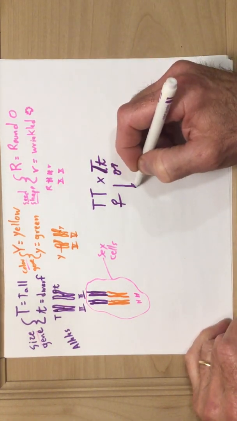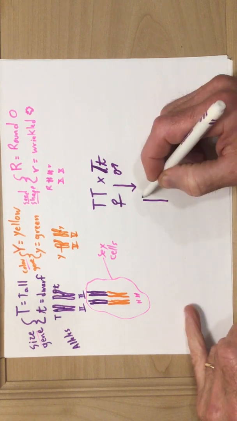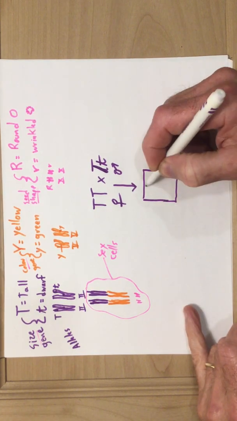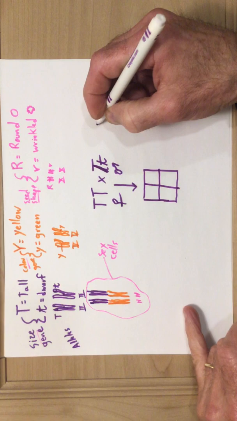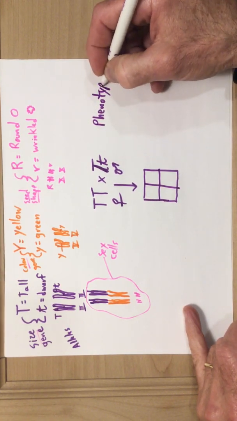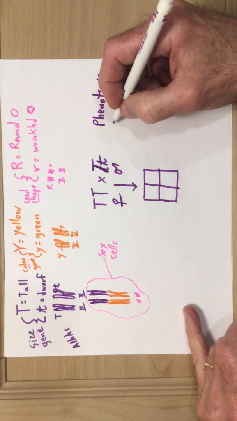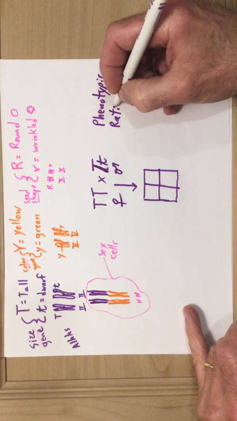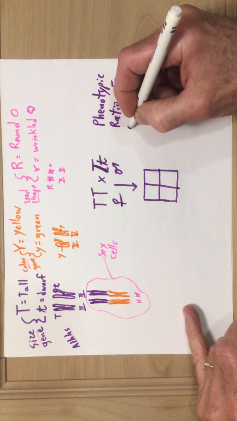I'm going to cross these two, and what I need to do then is to determine what is the phenotypic frequency or ratio of the offspring.